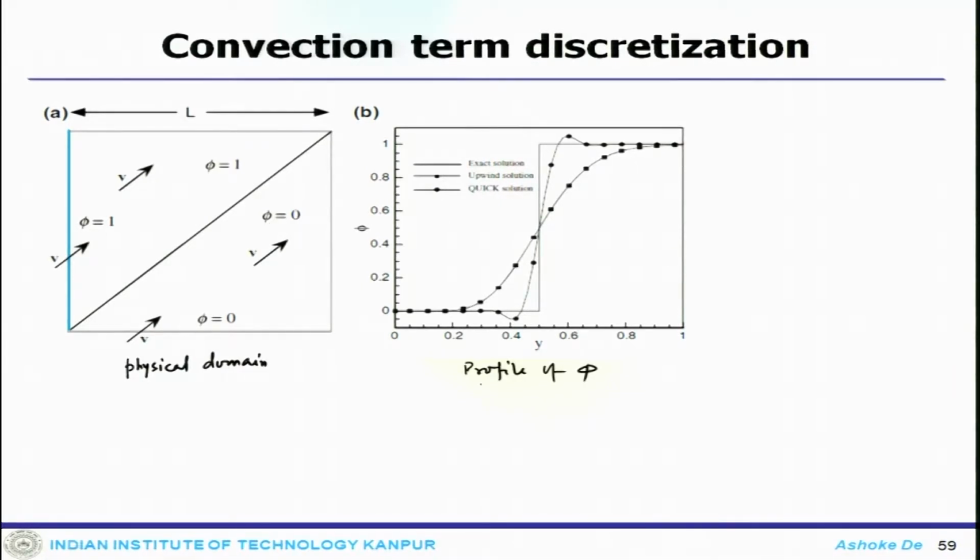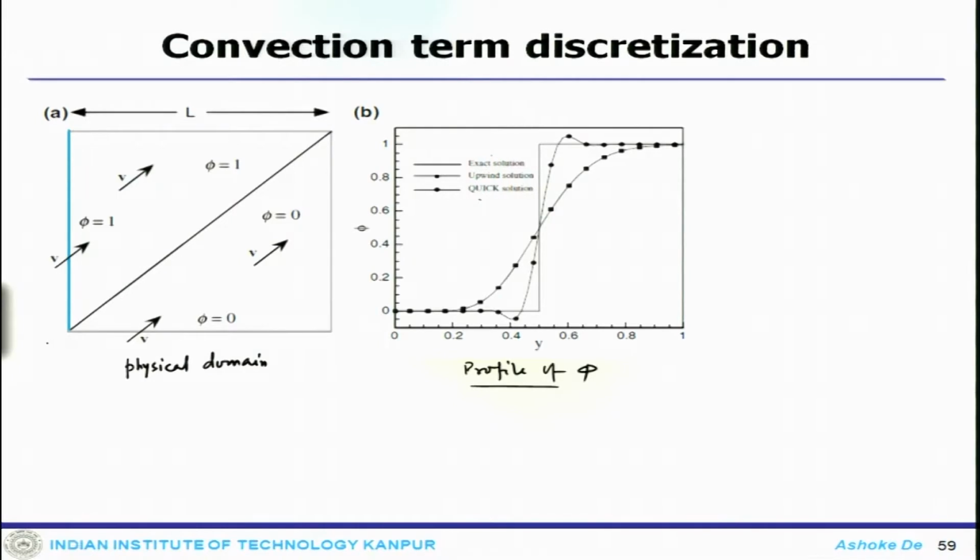Now, here when you look at the profile and compare the exact solution with the upwind scheme and the quick scheme, this comparison shows a lot of information which is very important. Due to the absence of diffusion, the exact solution is phi equals 1 above the diagonal and phi equals 0 below the diagonal.